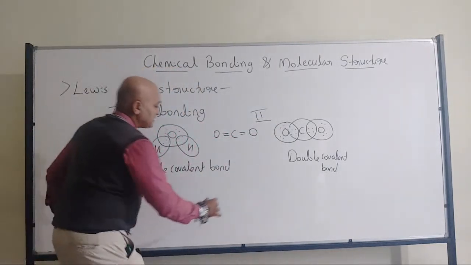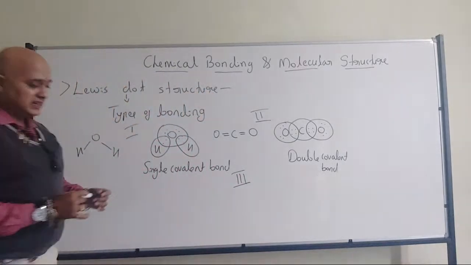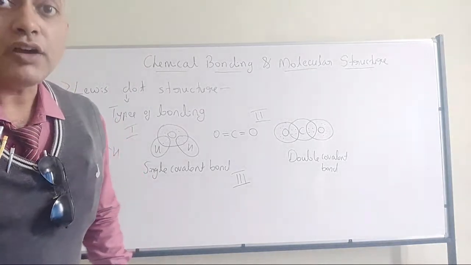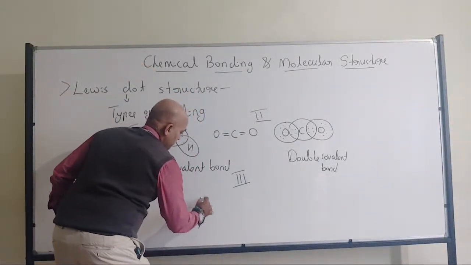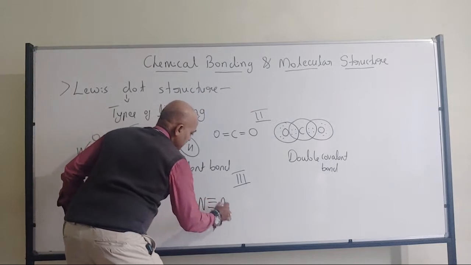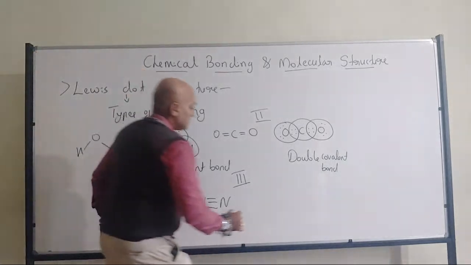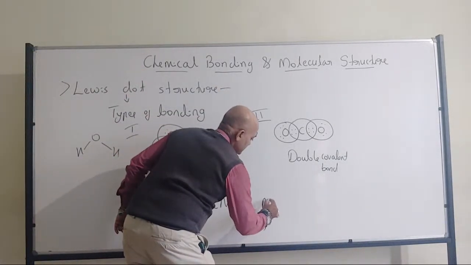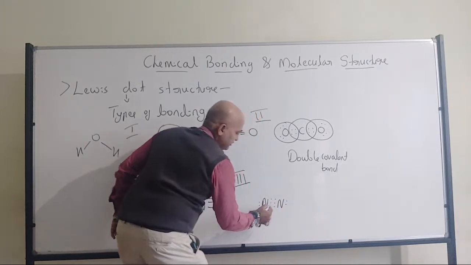Now we will go with another one. Okay, we will go with another one where we are talking about nitrogen. So when I am talking about general structure, we will write it like this for nitrogen, right? Now if I want to write the Lewis dot structure, 1, 2, 3, 4, 5. 1, 2, 3, then another nitrogen.